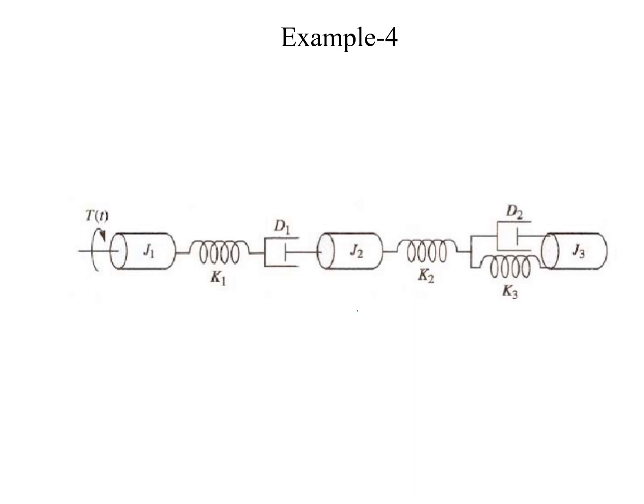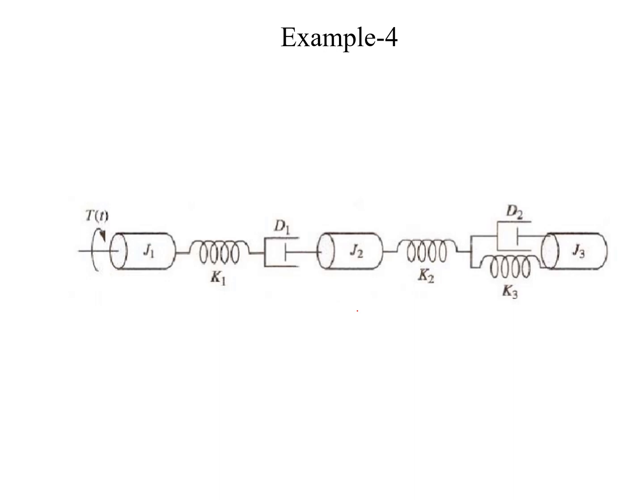So please observe, here we have J1, J2, J3, and now we are applying a torque here in this direction. So J1 is connected to dashpot D1 through spring K1, and the dashpot is connected to another inertia element J2. J2 is again connected to J3 through two springs and a dashpot.